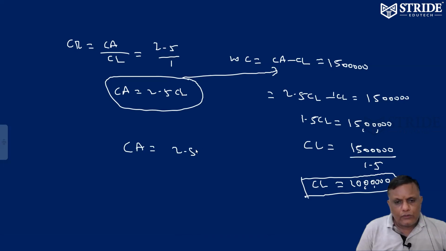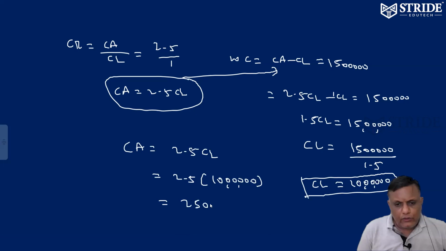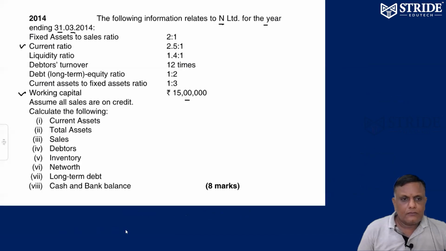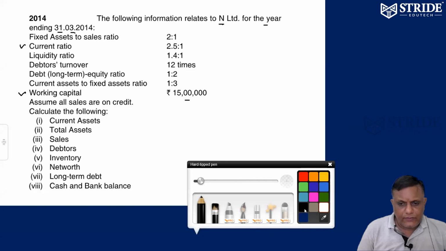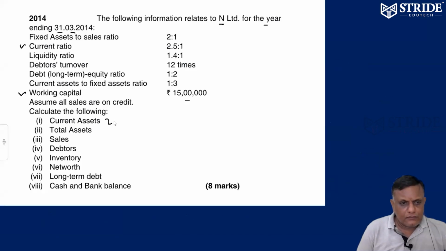Current asset is 2.5 into 10 lakhs, which is 25 lakhs. So current asset 25 lakhs, current liability 10 lakhs. The first question, current asset: 25 lakhs.